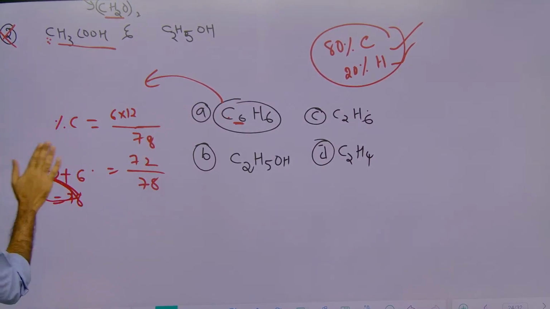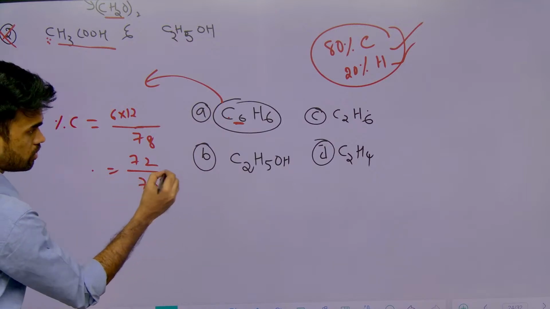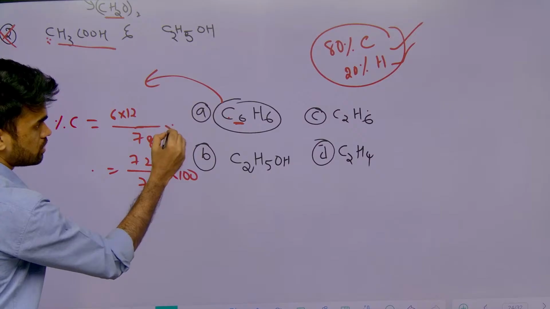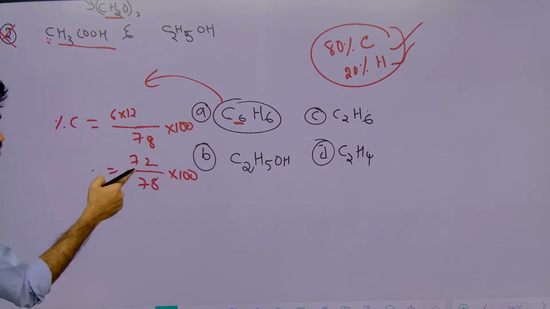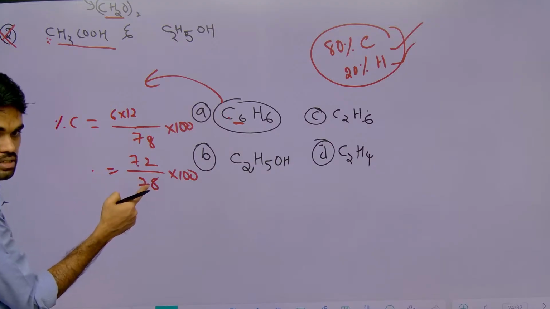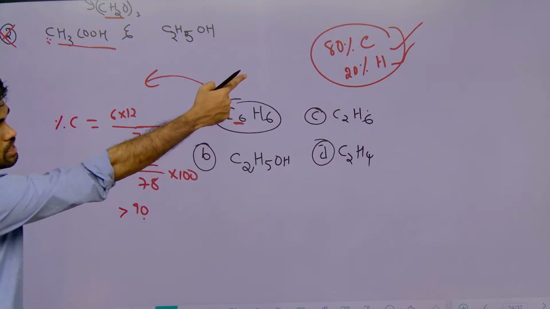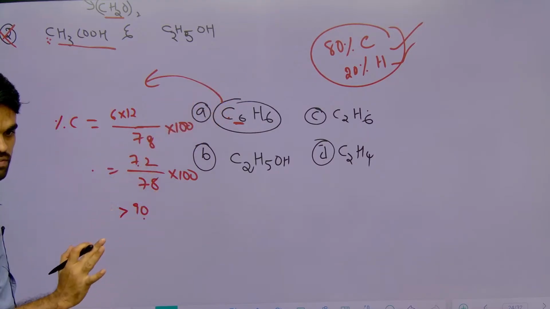So just see those values, they are very close now. Into 100 means, see, this is 78. Which table will get you 70 to hundreds? So around more than 90% we can expect. But they are asking for carbon weight to be 80. So no need of calculation.